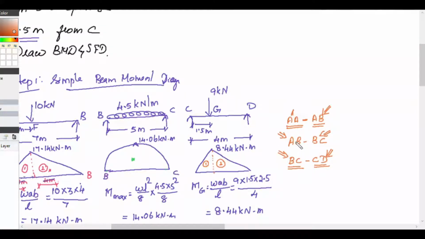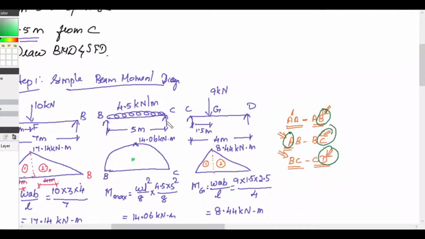So when we are considering the span AB, BC, we have to calculate the x bar from C. That means when calculating A into x bar, you have to find the value from A, from B, from C and from D. So here, first span A dash A B completed, A dash B BC completed.